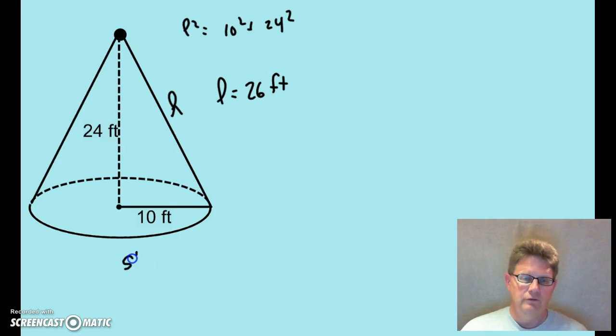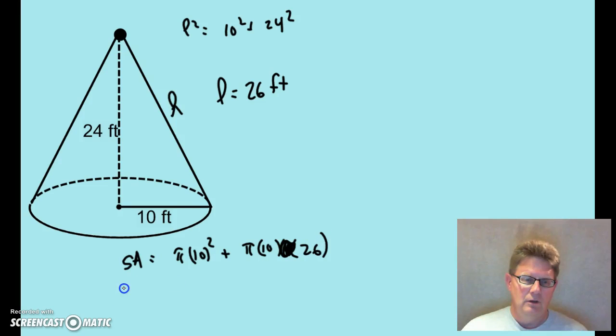So the surface area of this cone is pi times 10 squared plus pi times 10 times 26, not 17.